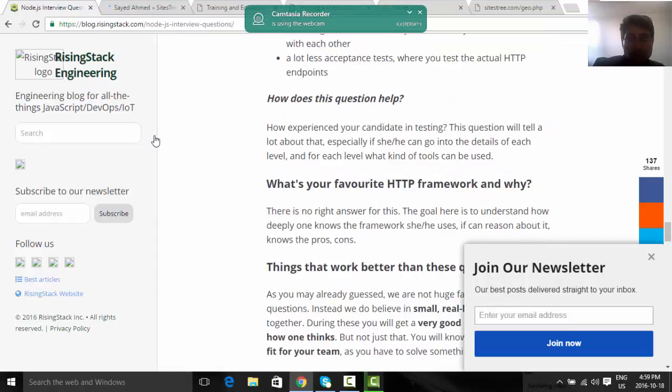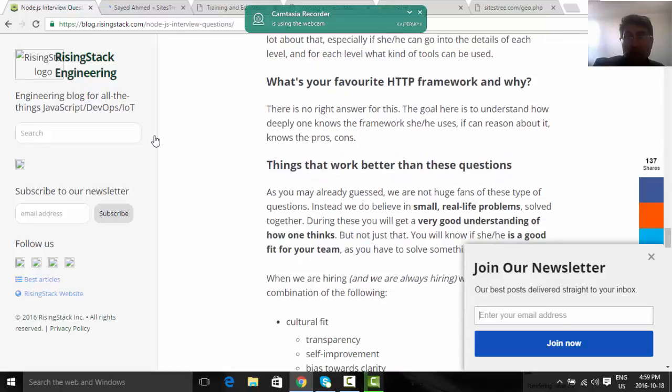Okay, what is your favorite framework and why? Okay, HTTP framework, I'm not sure what they mean by HTTP framework, but in Node.js I used Express.